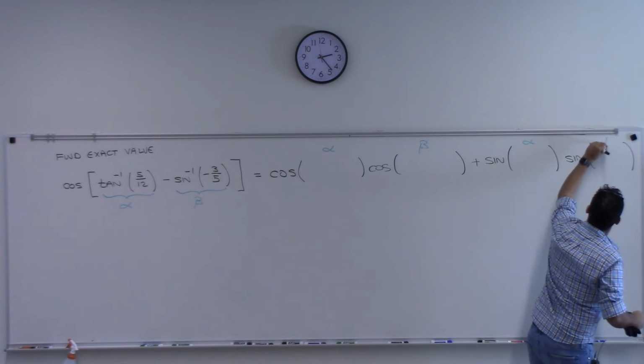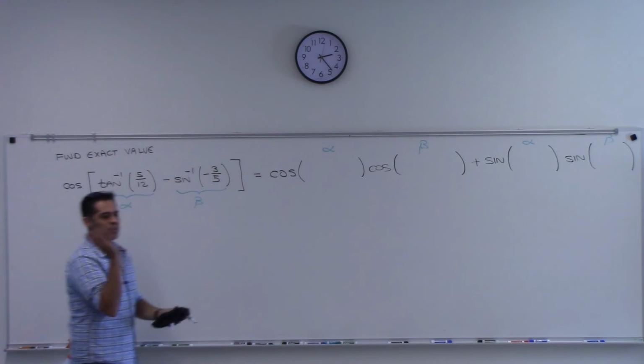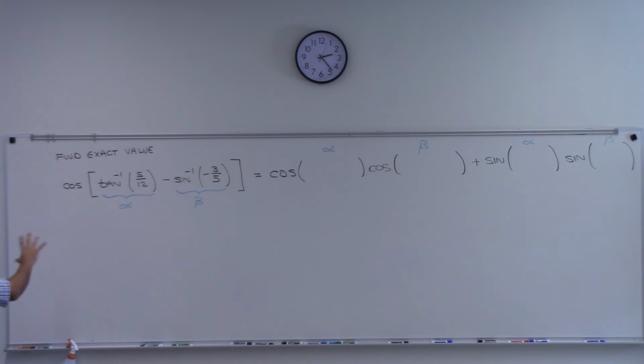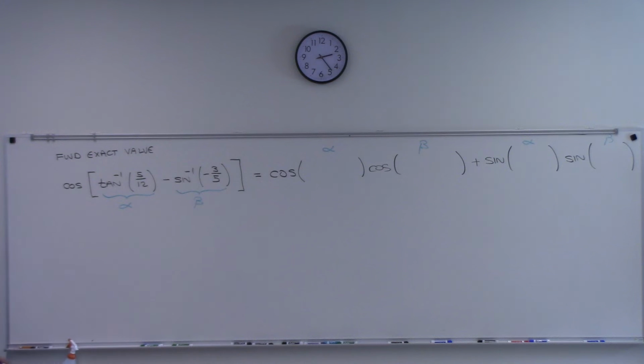Do y'all see what I'm doing? You have to take a step back, slap yourself a few times, and you can see that. Cosine alpha minus beta is cosine alpha cosine beta plus sine alpha sine beta.